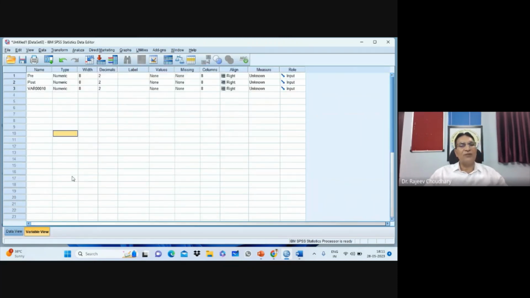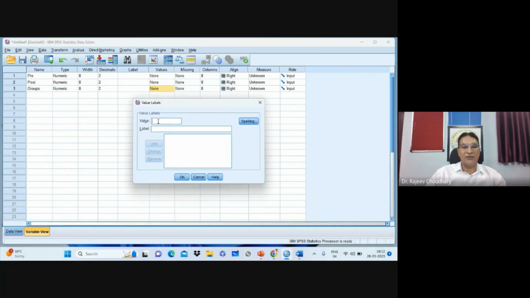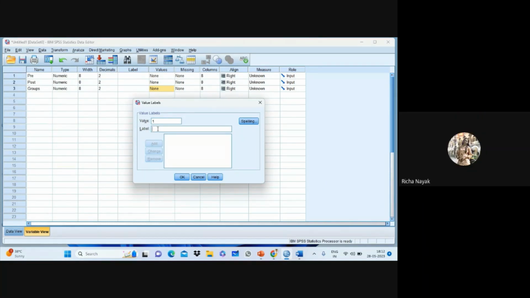In the first column, we have the score of pre, in the second column post, and in the third column, groups. Go to values in front of groups and give the value 1. 1 means experimental group.